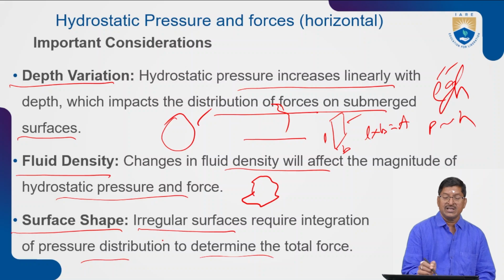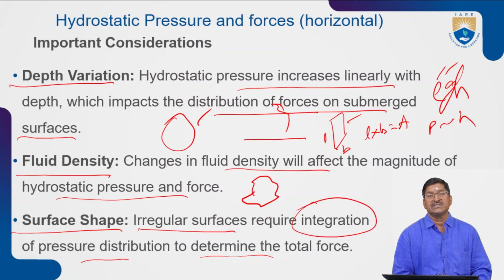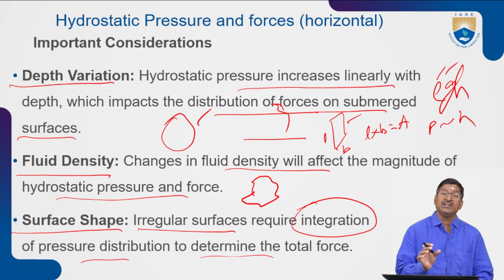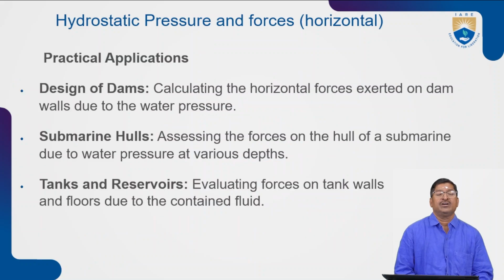By using integration. By utilizing mathematical integration, we can get the area of that particular irregular surface. After getting that, if you multiply with the hydrostatic pressure, you will get the hydrostatic force onto the particular irregular surface.